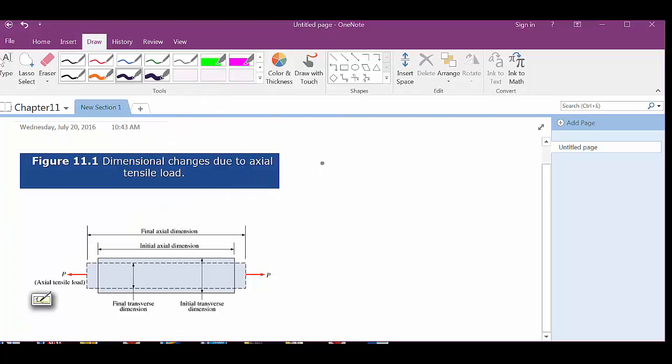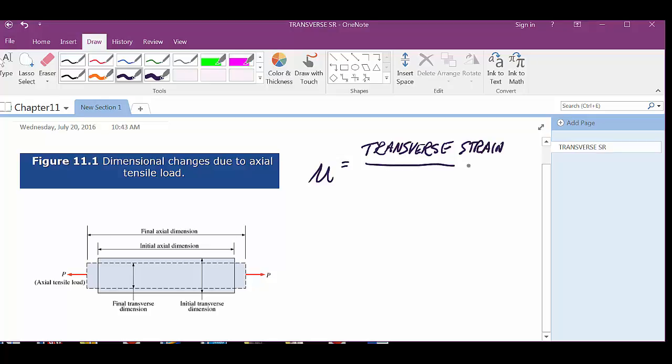So again, that's mu equals the transverse strain, right, divided by the axial strain. So that's that relationship and that ratio. That's where you get the ratio. You have to divide one by the other, right?